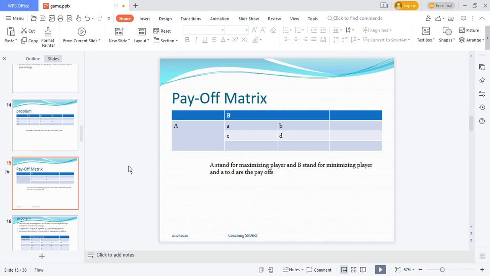Now I want us to look at the payoff matrix. This is how the payoff matrix looks. We have player A and player B, with A strategies and B strategies, and these are the payoffs: A, B, C, D. These are the payoffs that you get if a player chooses a particular strategy.